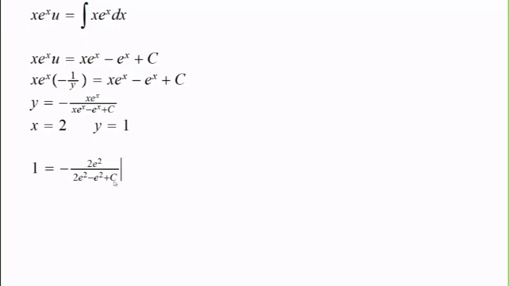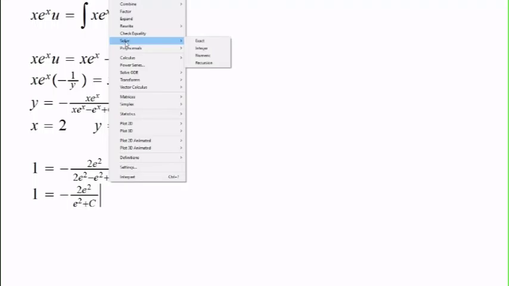So what do we get? Here 2e squared minus e squared will be simply e squared, and we can solve for c. So just a second. Okay, so if we solve for c, the solution is e to the -3 times e squared.